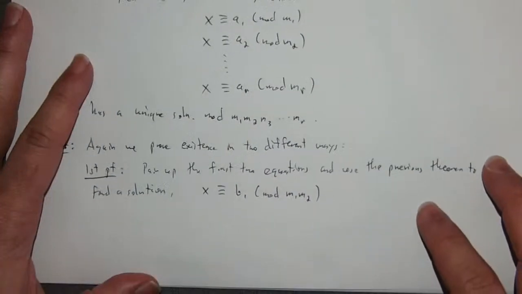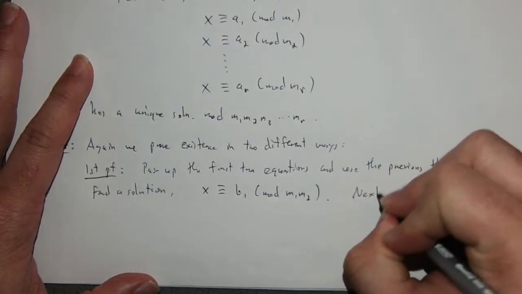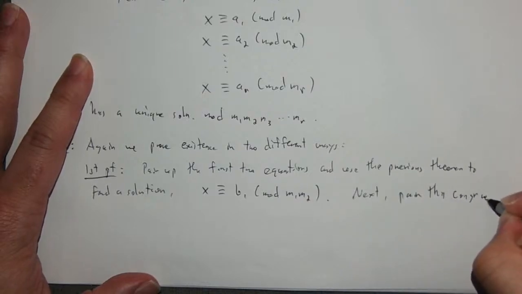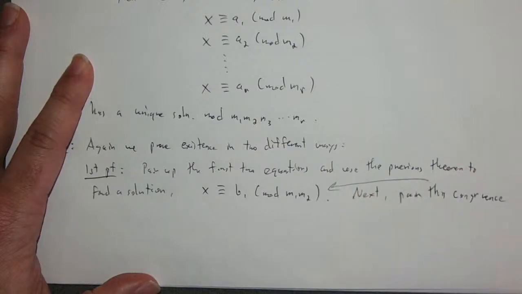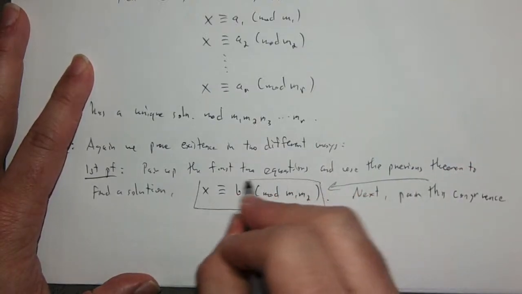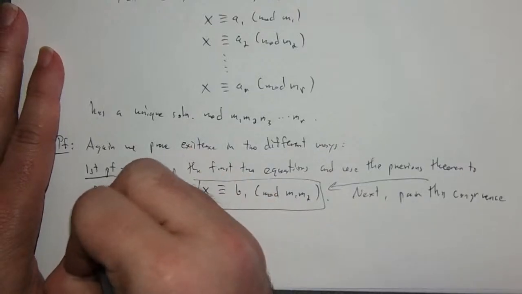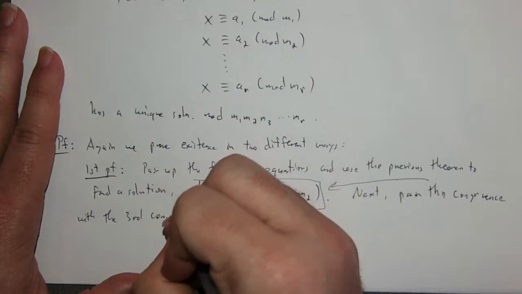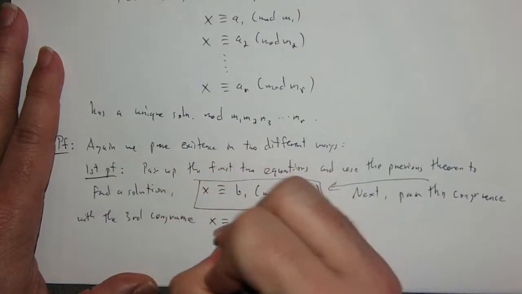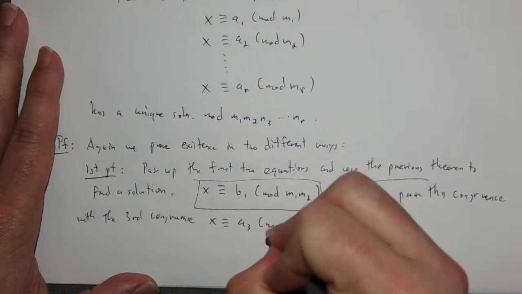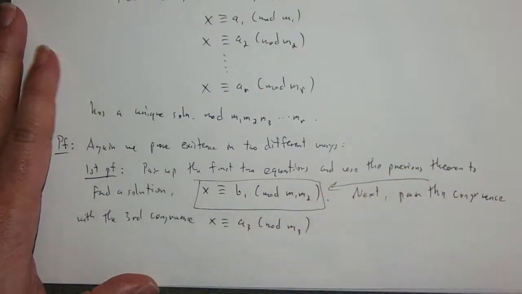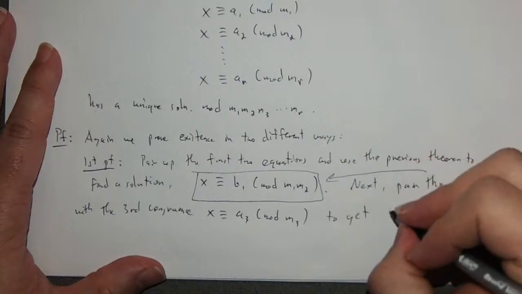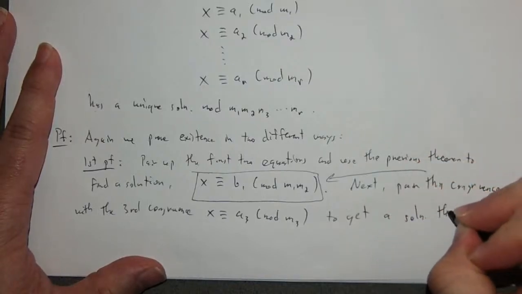So the next step: pair this congruence. When I say this congruence, I mean this new congruence I've gotten. Pair this congruence with the third congruence, x is congruent to a sub 3 mod m sub 3, to get a solution to the first three congruences.